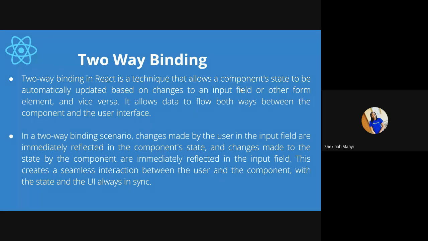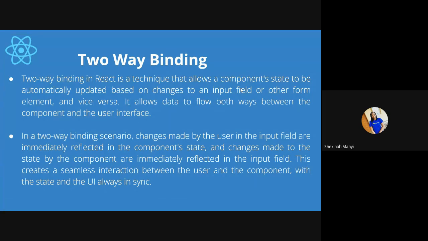In a two-way binding scenario, changes made by the user in the input field are immediately reflected in the component state, and changes made to the state by the component are immediately reflected in the input field. This creates a seamless interaction between the user and the component, with the state and the UI always in sync.